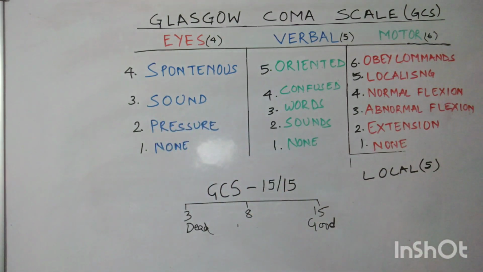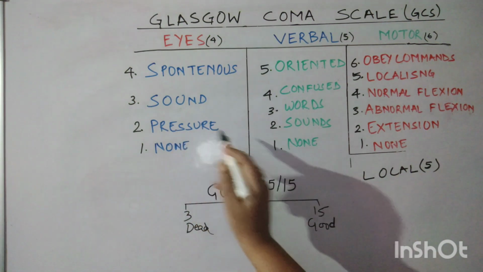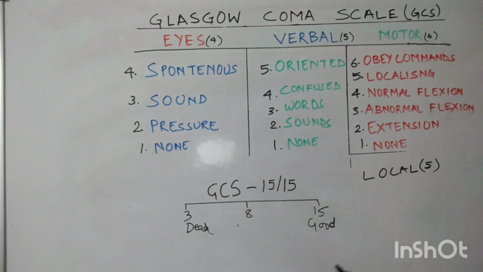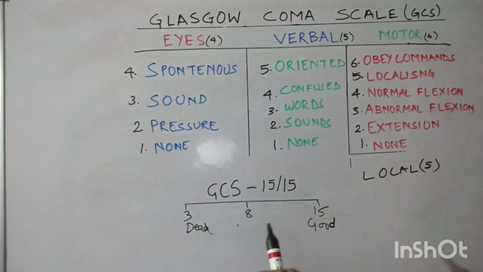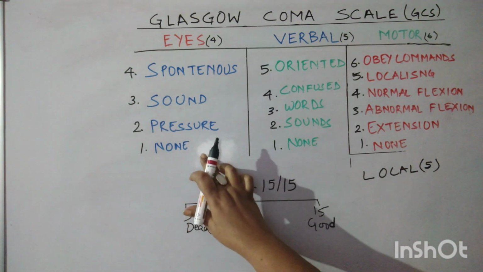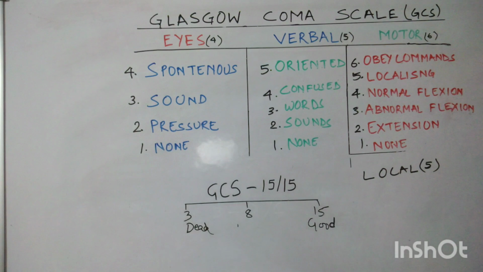Sound means the patient is listening and rotating his eyes, but not spontaneously, only when he gets a sound. Pressure means the patient opens his eyes only when pressure is applied. If you are talking, giving pressure, he is listening to sound but he is not opening his eyes, then 1 point is given.